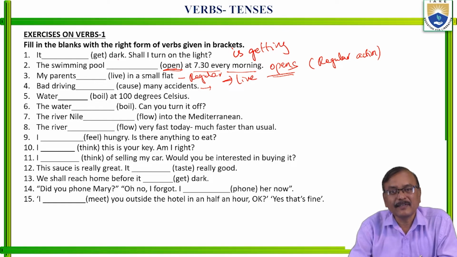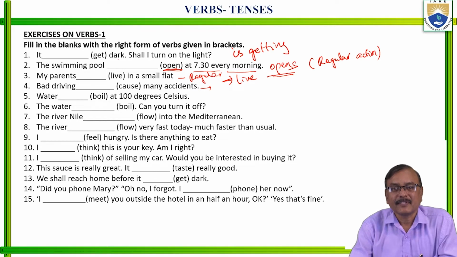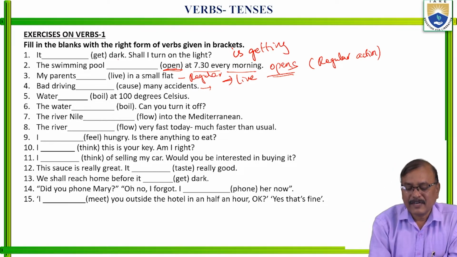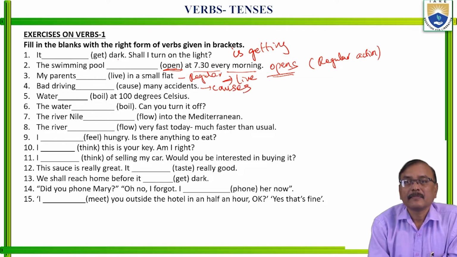It is a universal truth, a general truth. So when it is a truth, what is that? Simple present tense. Do form or does form. Bad driving causes many accidents. Why? It is a general truth.